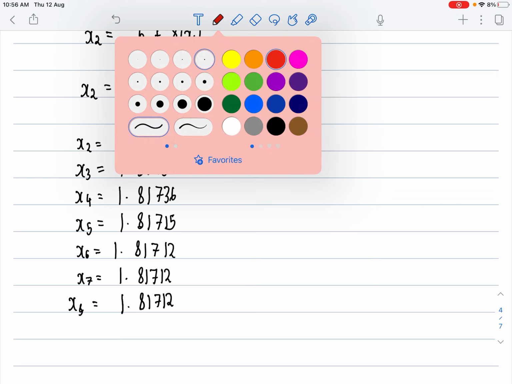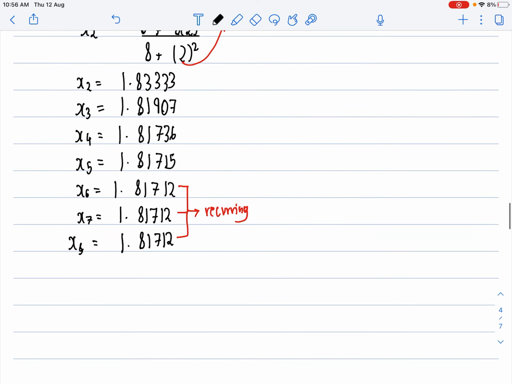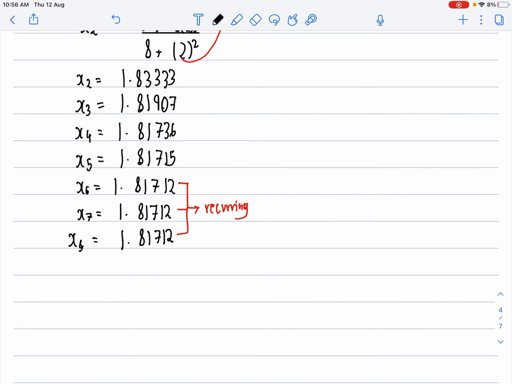Correct? So as you can see from the last 3 iterations, this has been recurring. That means however many times you click on equal to, you won't get a different answer. So your final answer to 4 significant figures is 1.817. Correct? This is what you need.